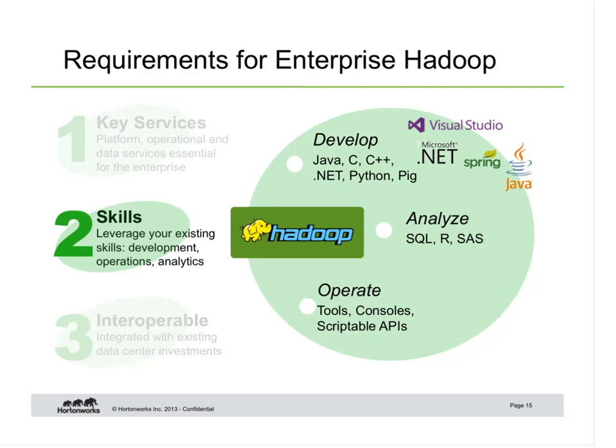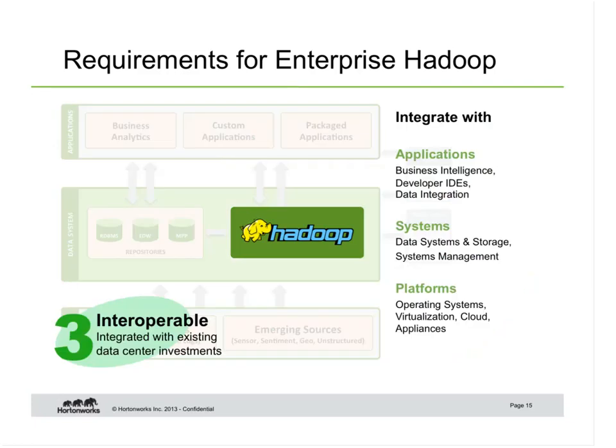And then finally, it must be interoperable. The interfaces that are in the platform must allow it to interface into applications and tools like business intelligence tools, the developer IDE, and other systems that are used to analyze and manipulate data, the systems that are used to store and process data. So the data warehouse must interoperate, I'll call it horizontally, if you will, and then it must interoperate smoothly with the platforms below.